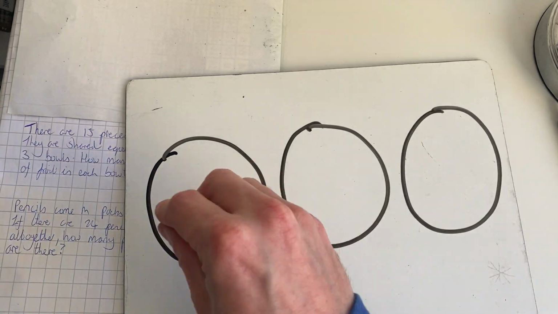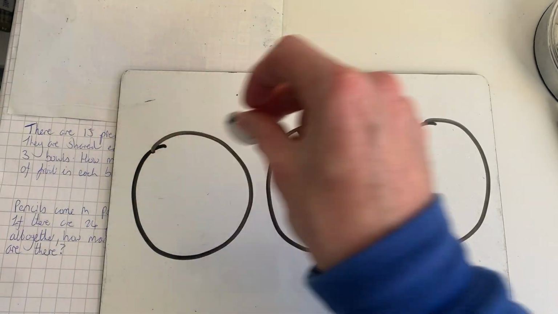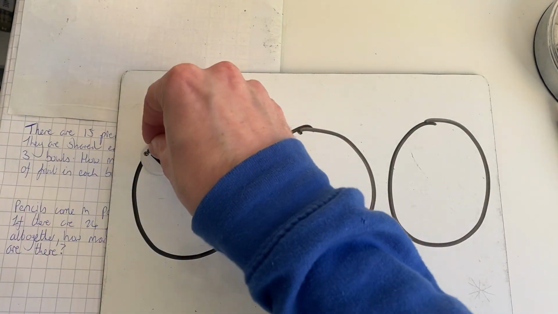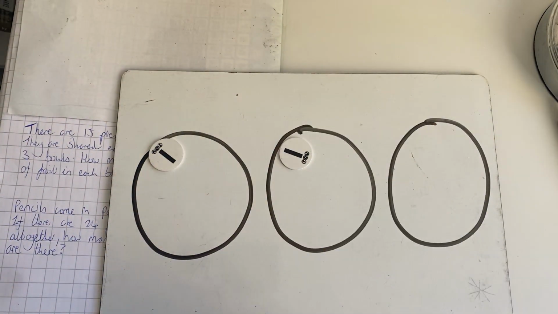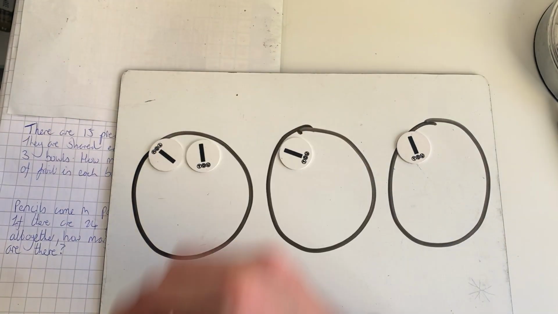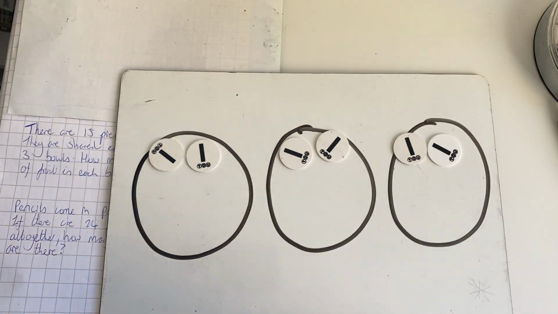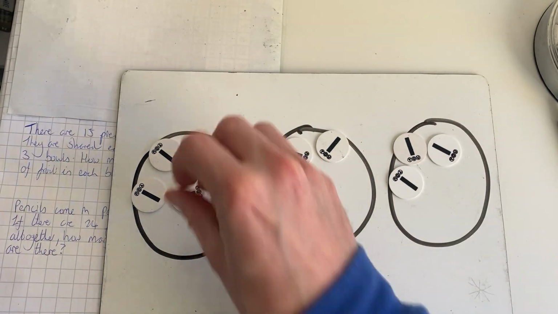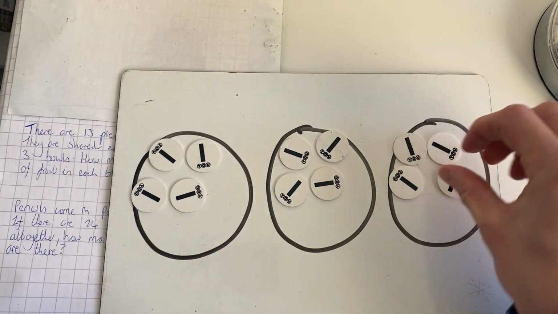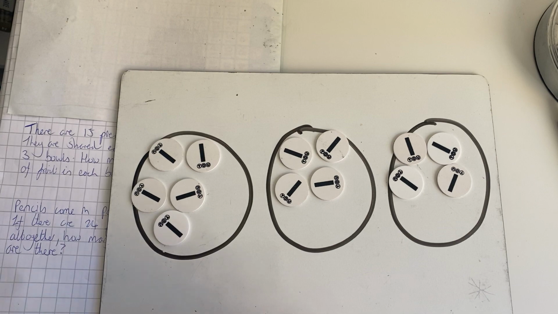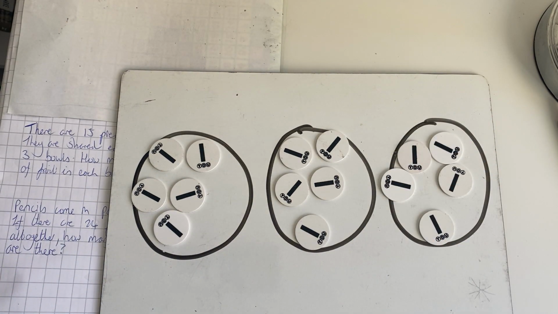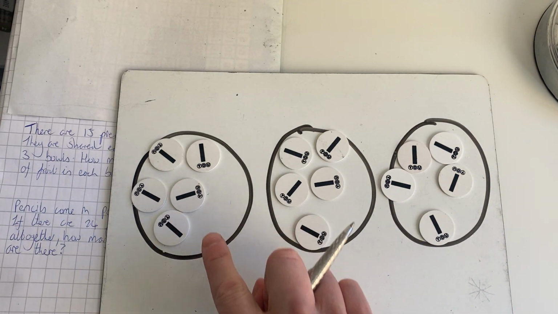So I'm just going to keep putting a counter in each one until I put 15. 1, 2, 3, 4, 5, 6, 7, 8, 9, 10, 11, 12, 13, 14, 15. I'm going to stop there because I said I've got 15. Now it wants to know how many pieces of fruit are in each bowl.